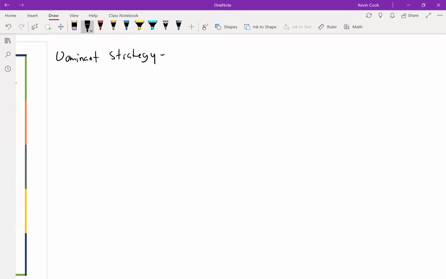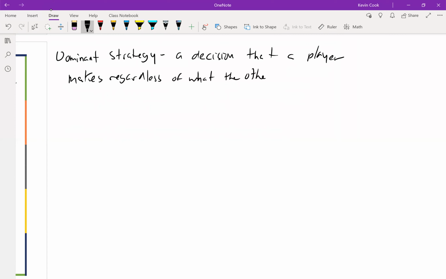And a dominant strategy is a decision that a player makes regardless of what the other player does. I'm just introducing a few definitions and will come back through and put the application in. So regardless of what the other does, we have a dominant strategy.